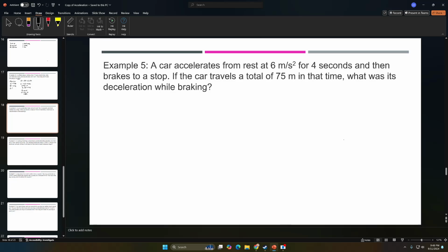Hopefully you recognized that it has two different parts to it. There's the part where it's going faster, accelerating, and a part where it's decelerating. Just like the problems we did previously with two different average velocities, if we have a problem with two different accelerations, we split it into parts. I told you that was going to come back, and it definitely does here.